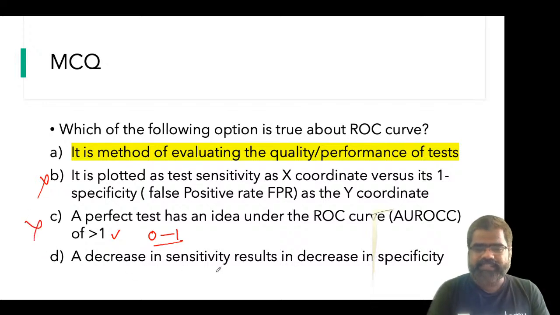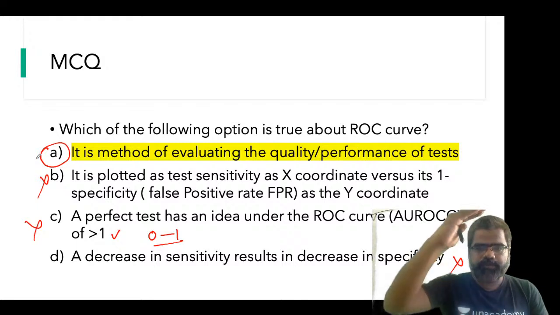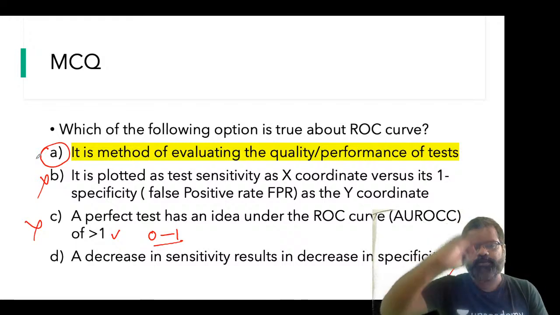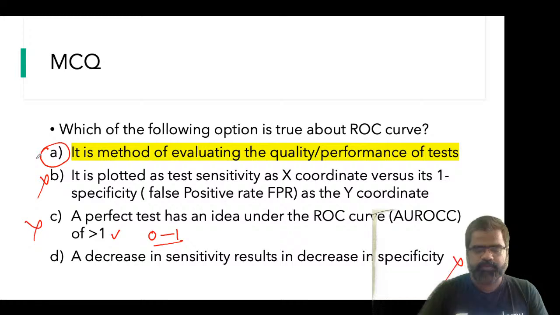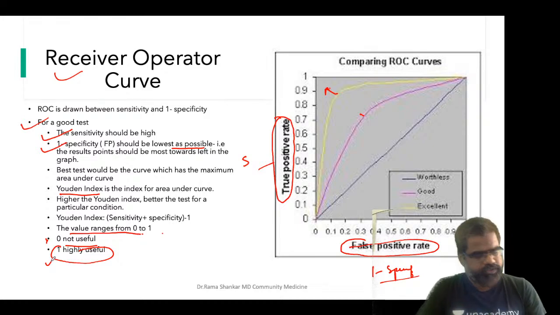A decrease in sensitivity results in a decrease in specificity. This is incorrect. So the correct one is that it is a method of evaluating the quality and performance of a test. You want your false positive to be as low as possible. You want your true positive to be as high as possible. So that is what is envisaged. This is called receiver operator curve. It ranges between 0 to 1. 0 is not useful. 1 is highly useful. Okay.